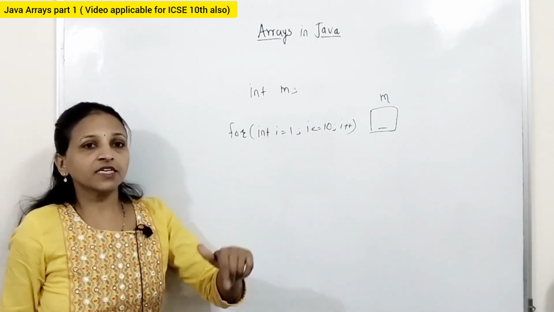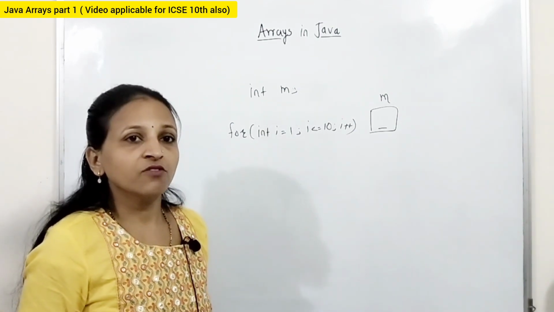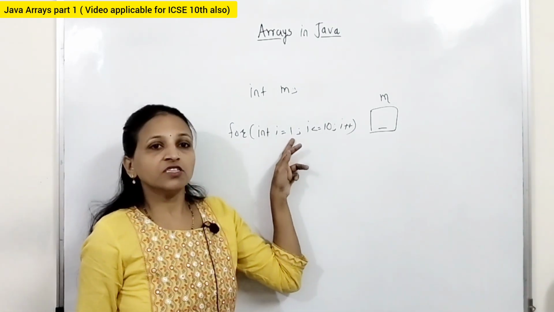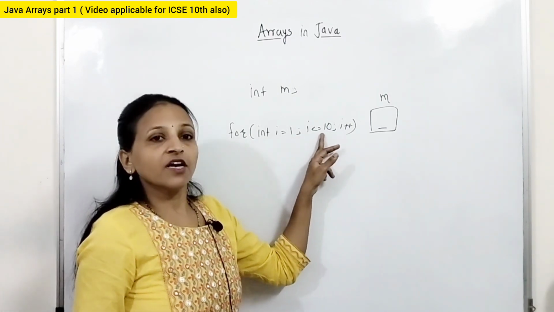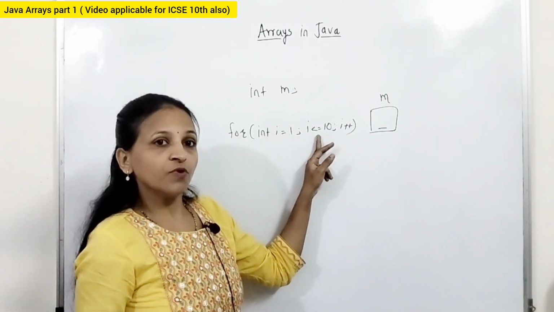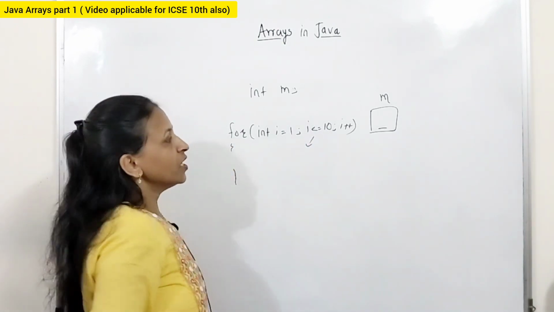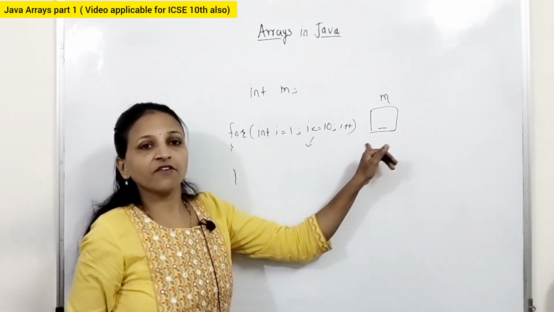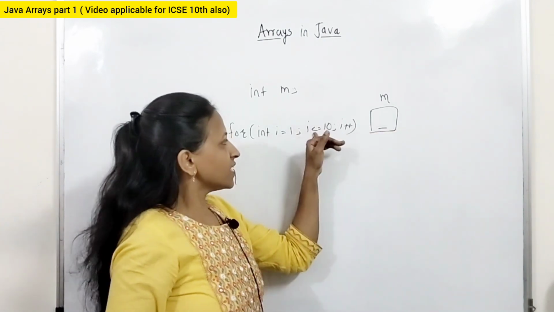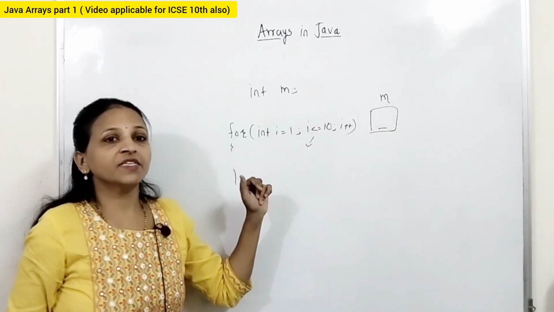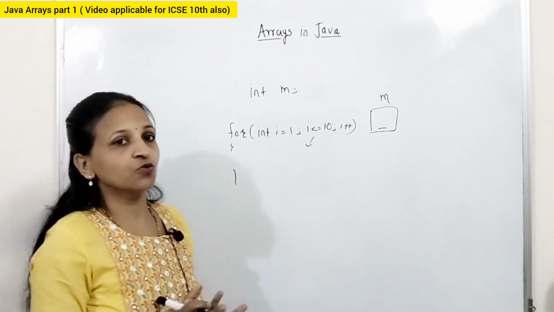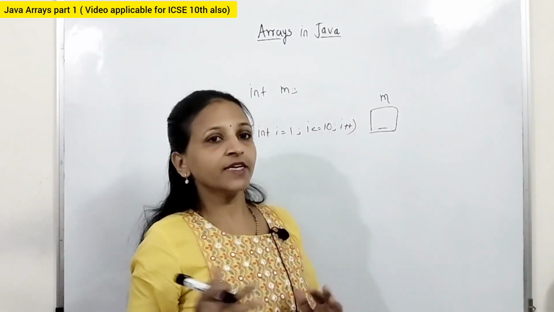This loop will get executed 10 times. Why? Because i's initial value is 1. It will check the condition, 1 is less than or equal to 10, yes, so control will come inside the loop. After execution i will become 2, again less than or equal to 10, again control will come inside and execute the loop, and so on. So this loop will get executed 10 times.